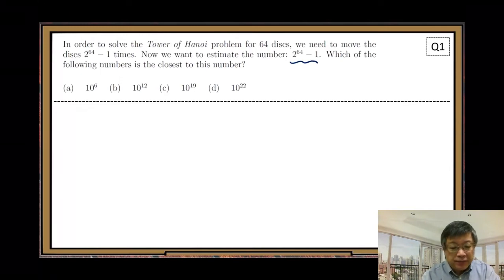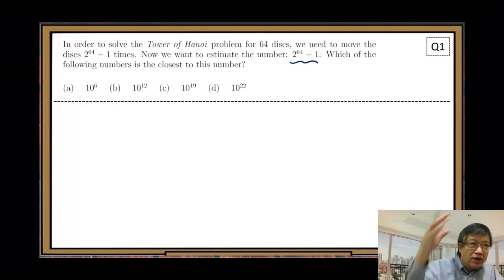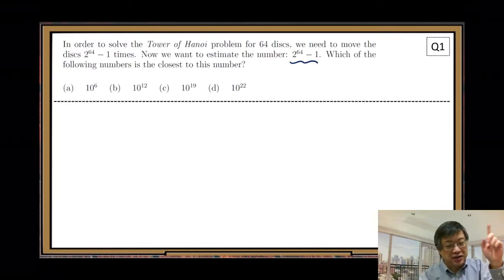But in the given 4 options, which one is the closest to this number? These 4 options are all base 10 numbers, so we need to do the conversion. Between a base 10 number and a base 2 number, is there some convenient conversion? Yes, this question we need to work on that.